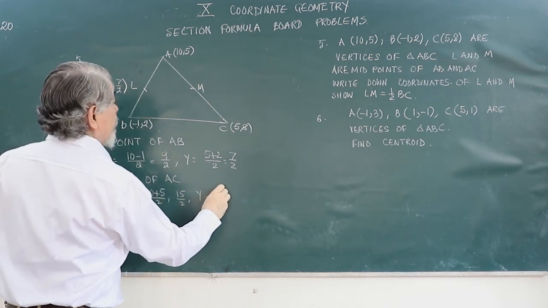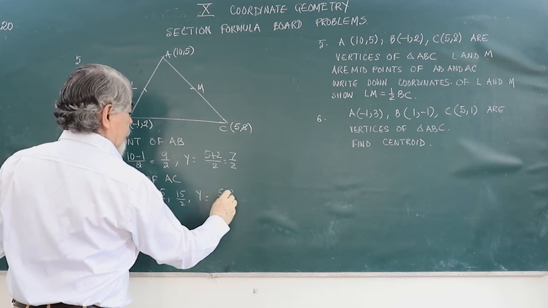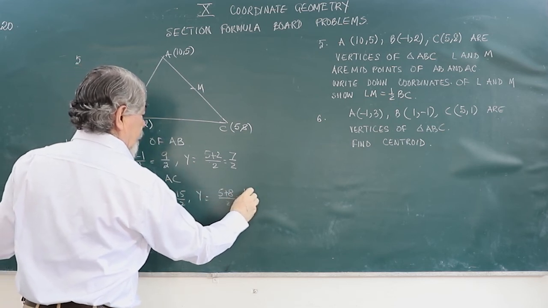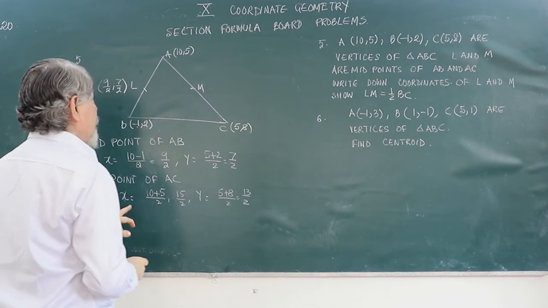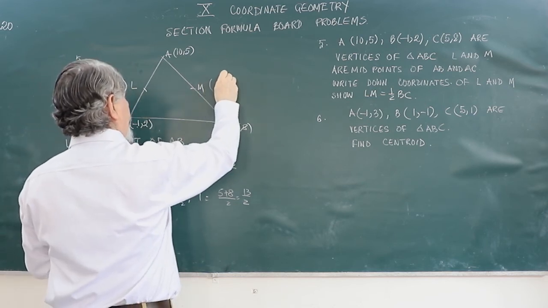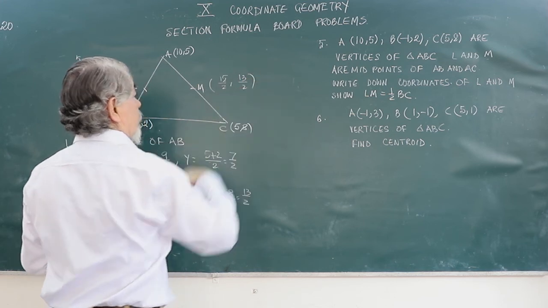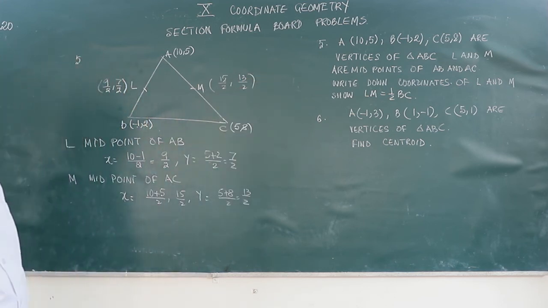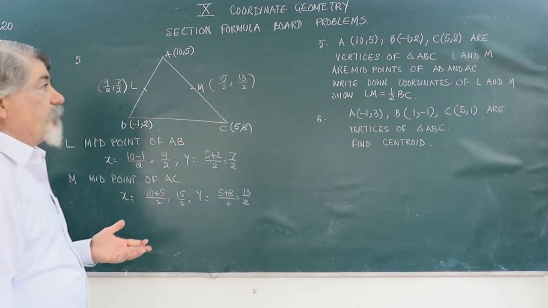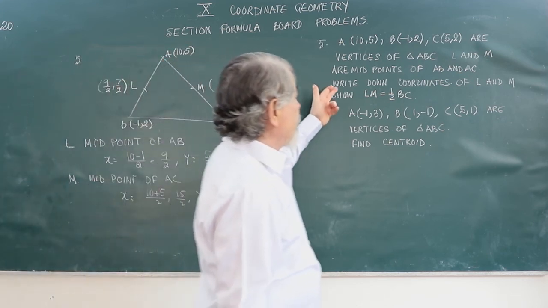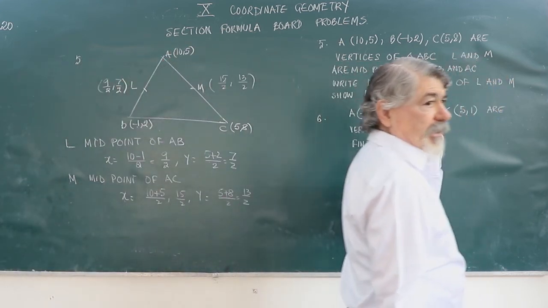And y will be (5 plus 8) upon 2, that is 13 upon 2. So the coordinates of M are (15/2, 13/2). So we have got the coordinates of L and M as required by the question.